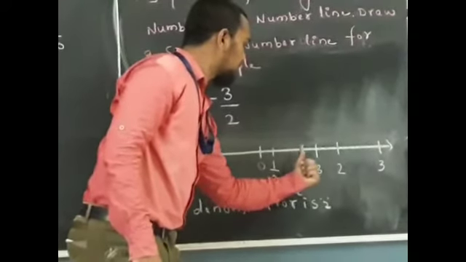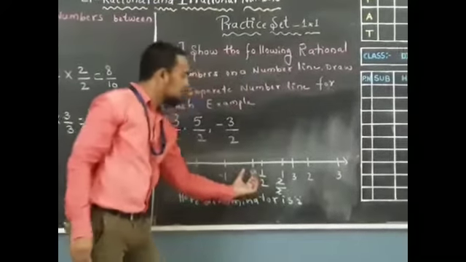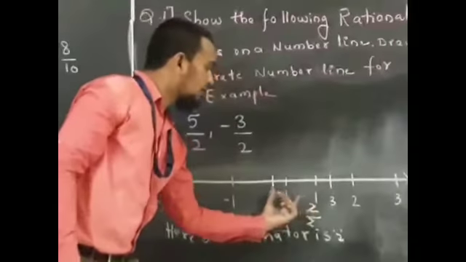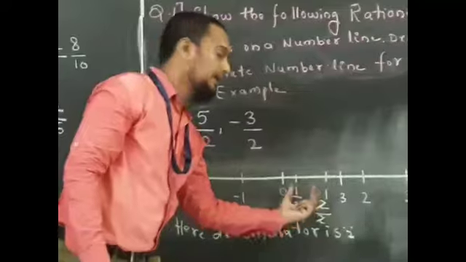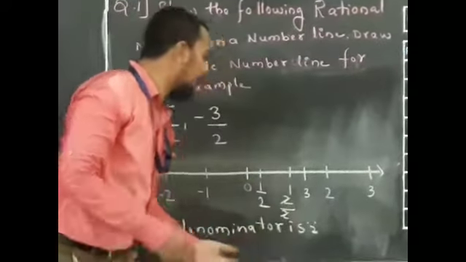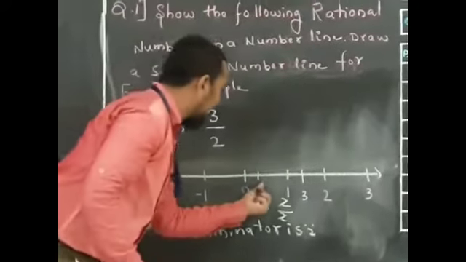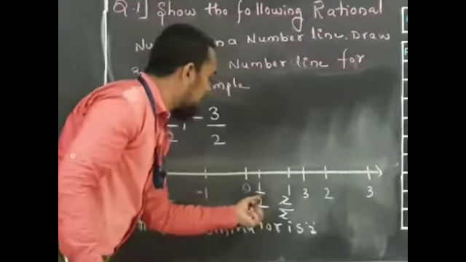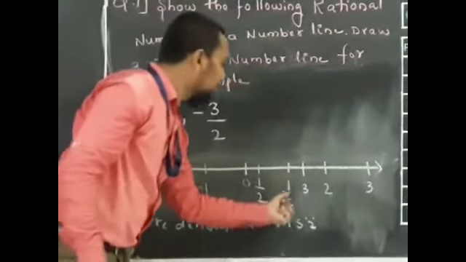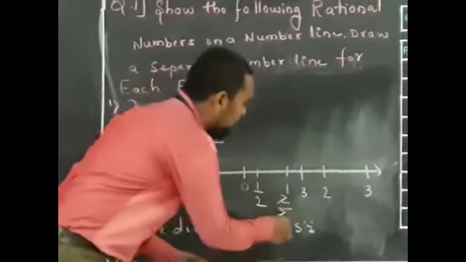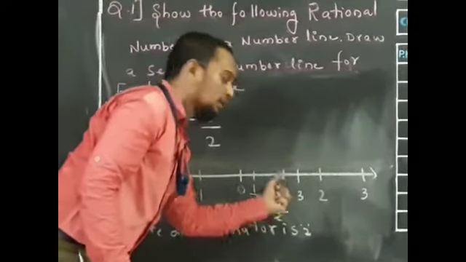0, 1, 2. Here, from 0 to 1 we add 2 units and consider it as 1. Here 0, 1 denotes 1 upon denominator 2. And here 2 means 2 upon 2. 2 ones are 2. Here 1.